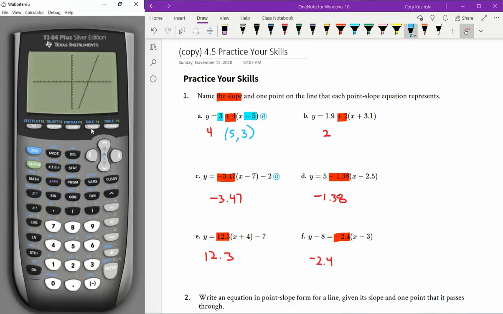Trace it and type in 5, enter, and you can see that runs through 5, 3. It runs through an infinite number of points, but that's the one I'm going to choose. This one runs through the opposite of that, which would be negative 3.1, 1.9.